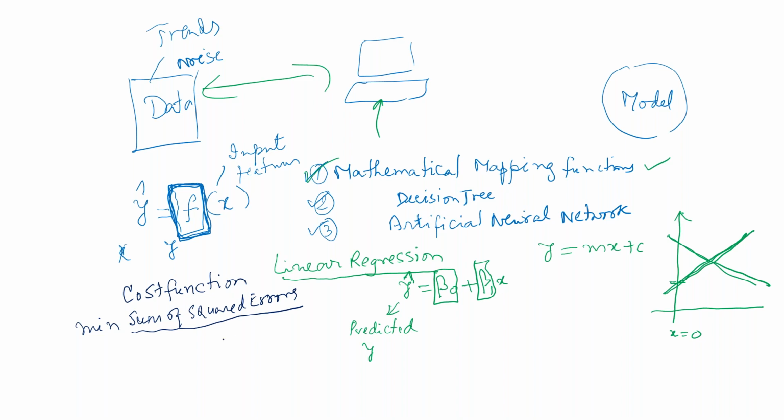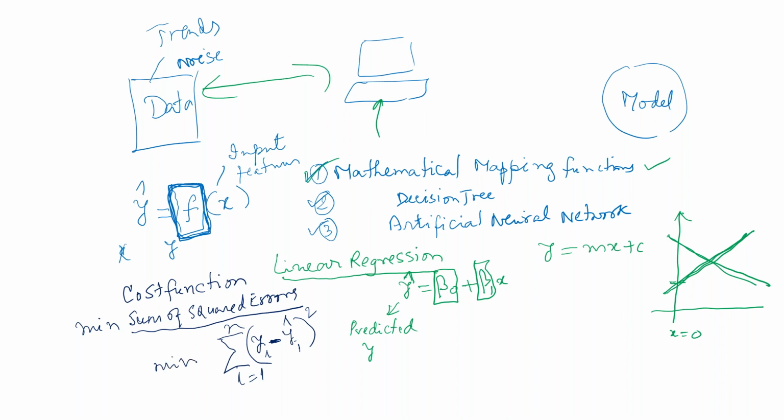The sum of squared error is this: for every actual y, and the predicted y from the line I have put, I calculate the difference between them and square it, for i equal to 1 to n, for all observations. So this cost function has to be minimized.